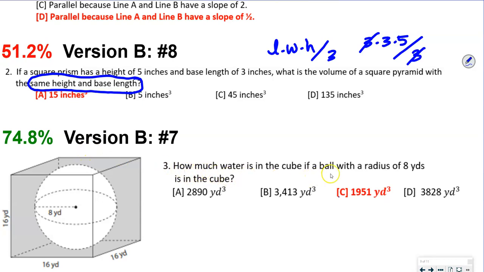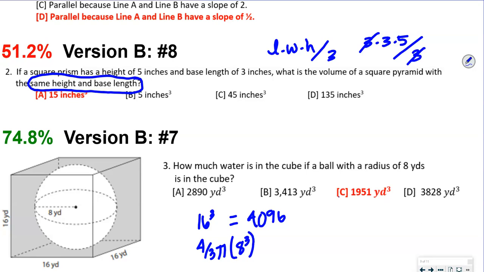So this one says how much water is in the cube if a ball with a radius of 8 yards is in the cube. So what we're going to do here is find the volume of the cube. So to do that, you're going to do 16 cubed. 16 cubed is 4,096. Okay, then we're going to find the volume of the sphere. The volume of the sphere is 4/3 pi r cubed, and we got 8 as our radius, right?